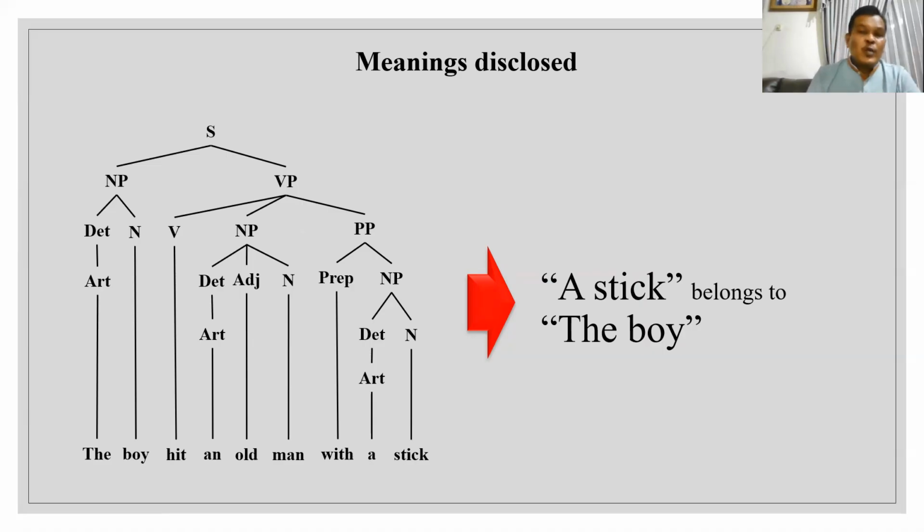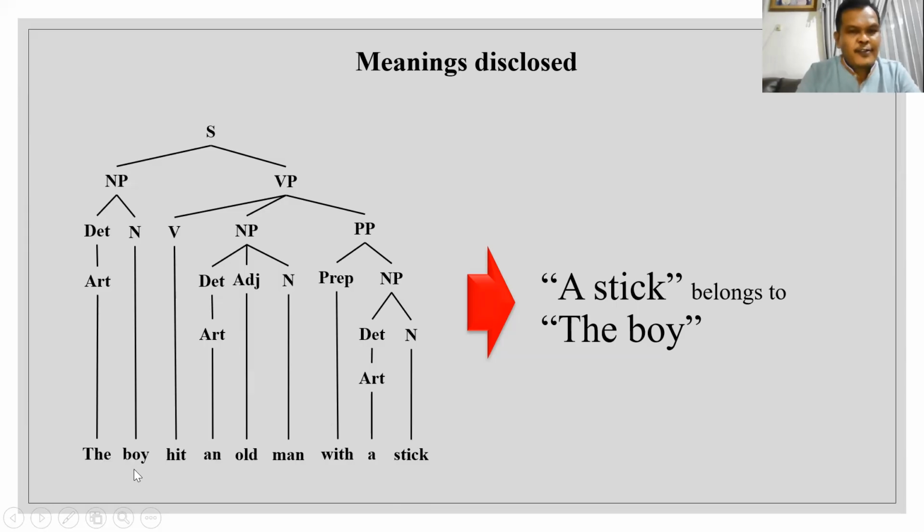In order to avoid ambiguity, we can change the position of the PP. In other words, we move with a stick closer to the boy.